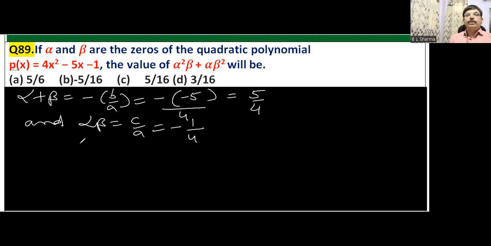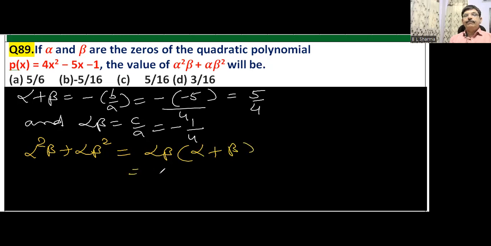अब जो हमें find out करना है वो करना है alpha square beta plus alpha beta square. Alpha beta कॉमन लीजिए, that is alpha plus beta. Alpha into beta की जगह आप पुट करिए minus 1 by 4, and alpha plus beta की जगह करिए आप 5 by 4.